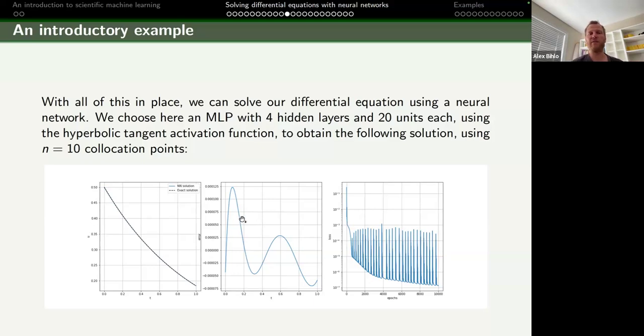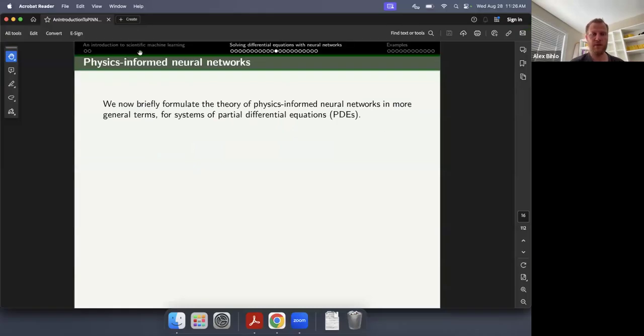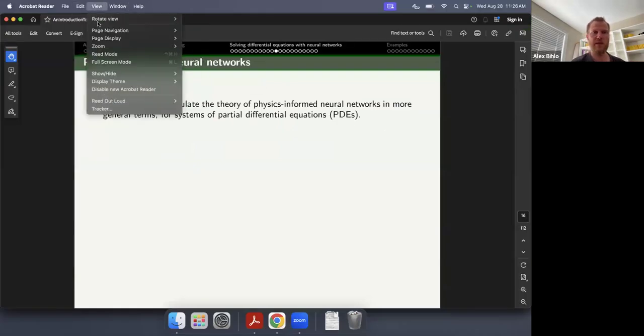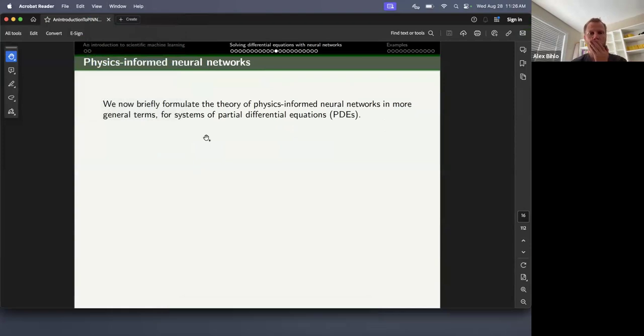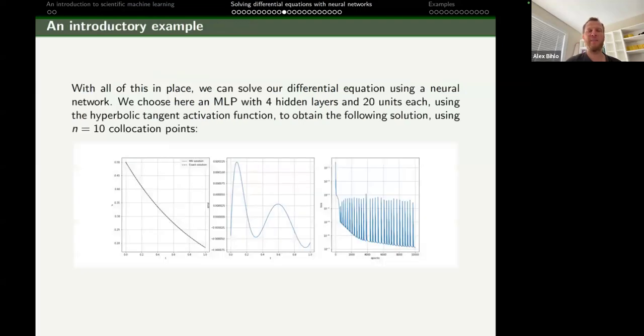I think this is part of what makes physics-informed neural networks inferior to standard numerical schemes, because you have no error estimate guarantee.